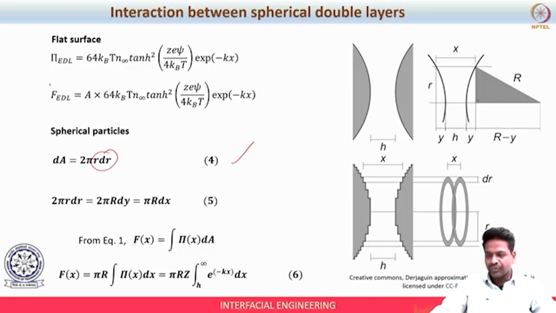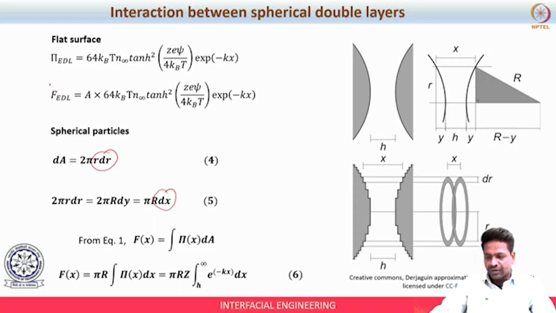What we can do is convert this r dr into r dx, where the radius of the particle is capital R and x is the separation distance. So as a function of x, how can you calculate the change in area? That is the modification we have to do now. That is why this geometric relation is going to be very useful for us.